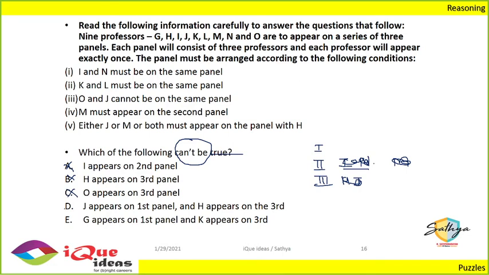But we come to condition D. Now we already know that M has to be on the second panel, right? Fourth condition says that M has to be on the second panel.